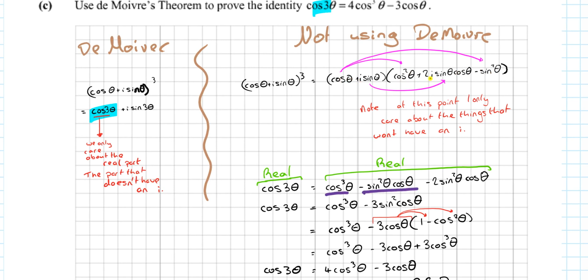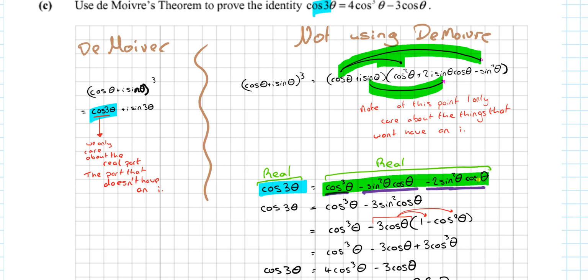And then i by 2i is 2i squared, but 2i squared is minus 2. Sine theta by sine theta is sine squared theta, and I still have the cos theta here. Okay, so this section is coming from the blue bit over there, and those arrows explain this bit right here.